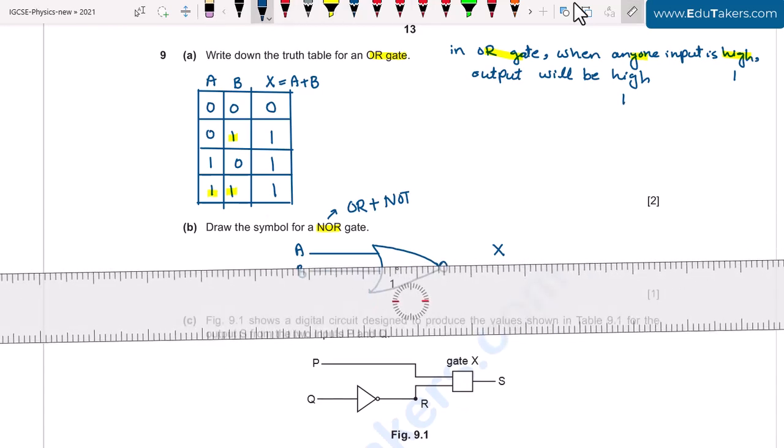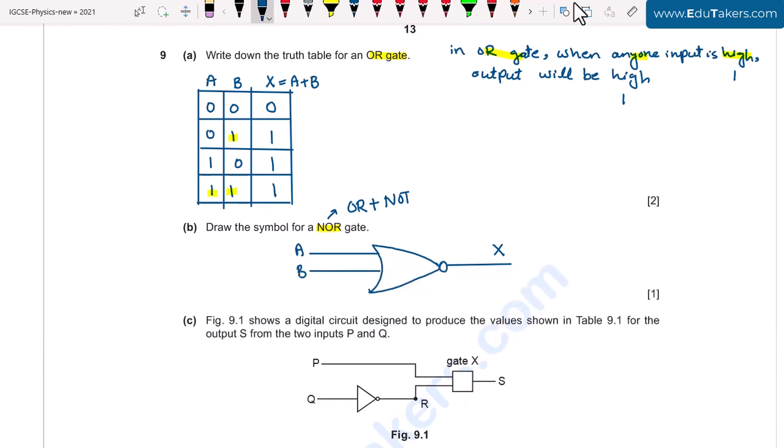That is the output of the NOR gate. It will be just like this. And this output will be equal to A or B, inverted. So this is basically the symbol of the NOR gate.